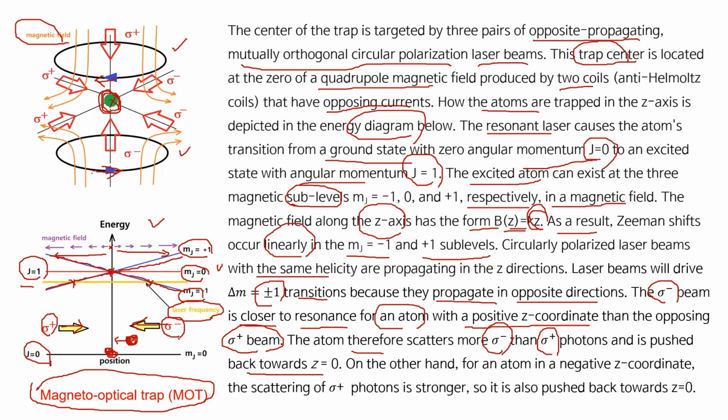On the other hand, for an atom at the negative z coordinate, at this position, the scattering of sigma plus photons, these photons, is stronger, so it is pushed back to z equals 0. So in this way, atoms can be trapped at the center of this position. That is the basic principle of the magneto-optical trap.